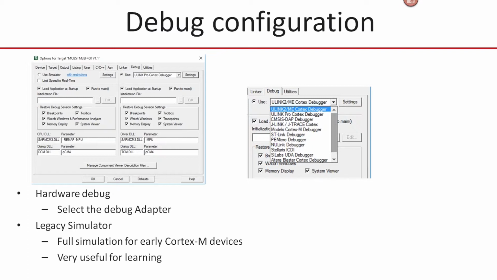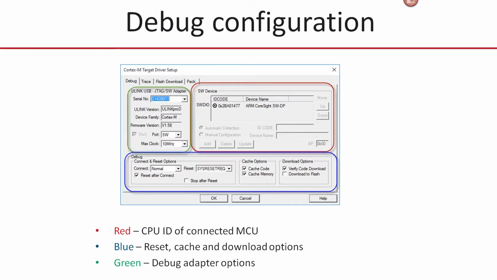So once we establish this basic connection, within the debug menu, we have several features that are of interest to us. So within the red box, when you first establish a debug connection, we can open this debug window and the serial number, the core number of the device should appear in this box.